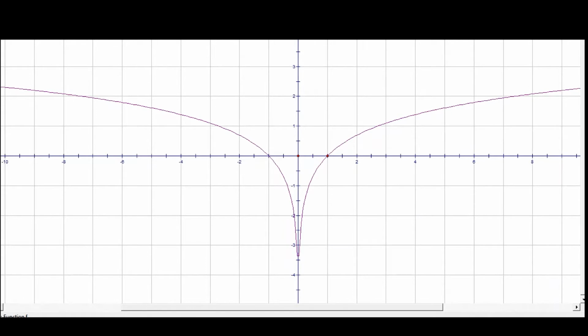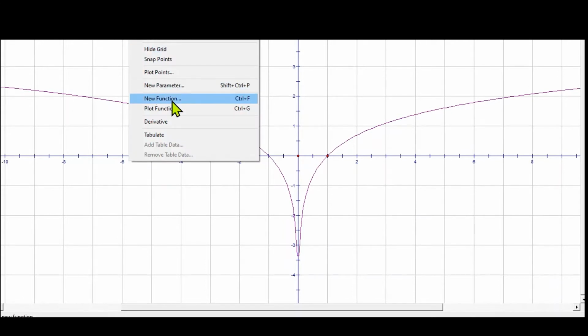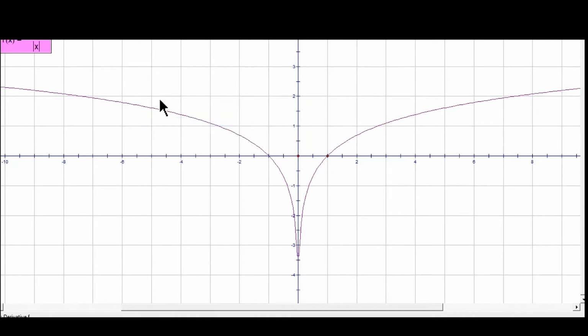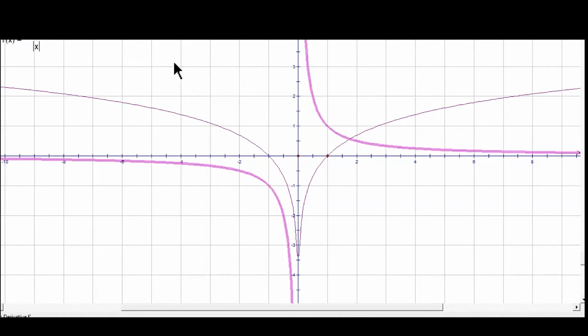Now plot the derivative. There's a derivative. Let's graph it. Do you recognize this? Oh my God, this is 1 over x now, isn't it? You get it? Okay, that was amazing.